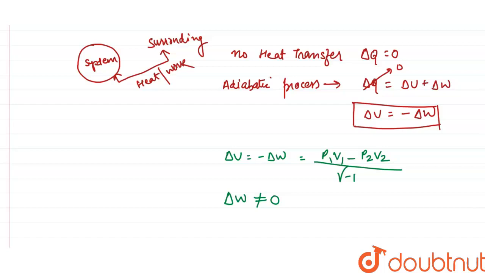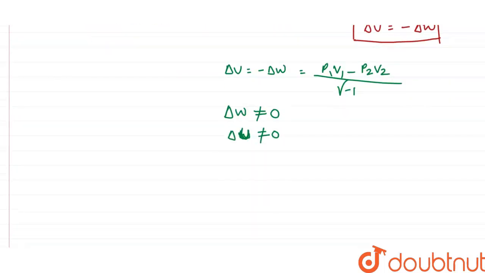That means our internal energy change is also not 0. And we are mostly talking about the ideal gas in thermodynamics. Most of the laws and equations are derived for ideal gas.